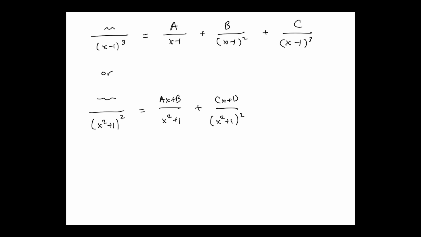It's an irreducible quadratic, and things that have irreducible quadratics get linear on top, 1 degree down. The way I like to think about this is you look at the degree of what's inside the parentheses. The second term there is x squared plus 1, whole thing squared. What's inside the parentheses? That's why I put a linear on top.